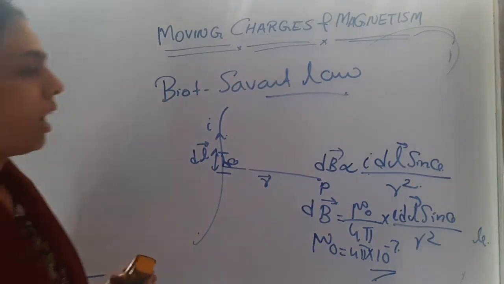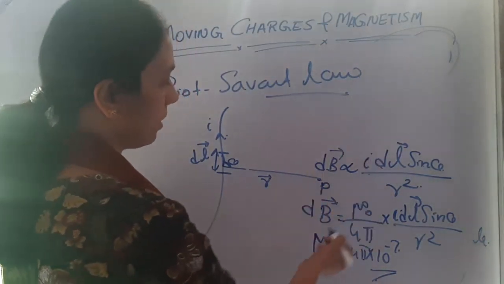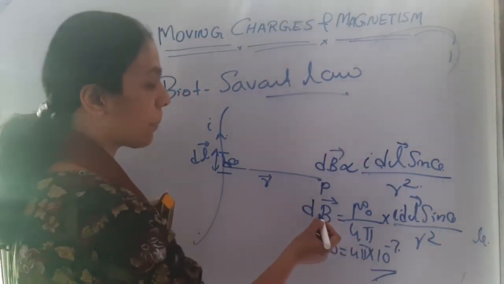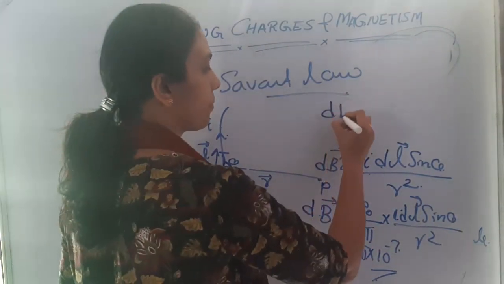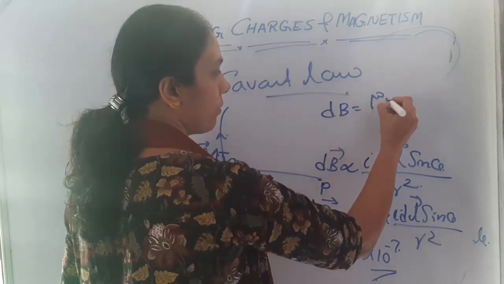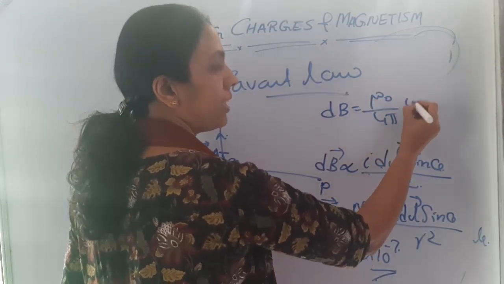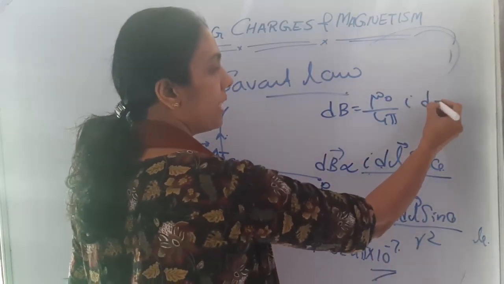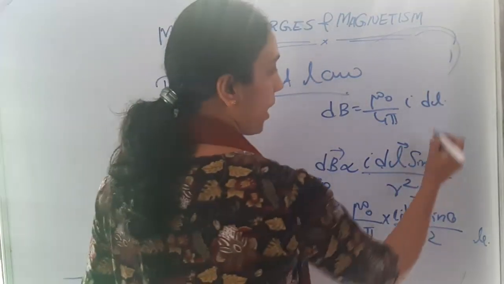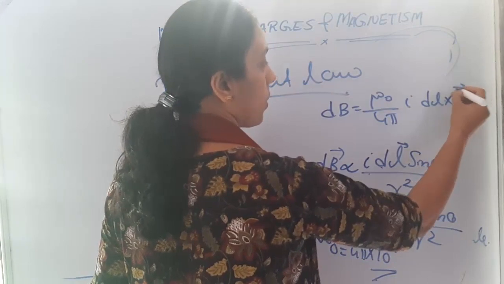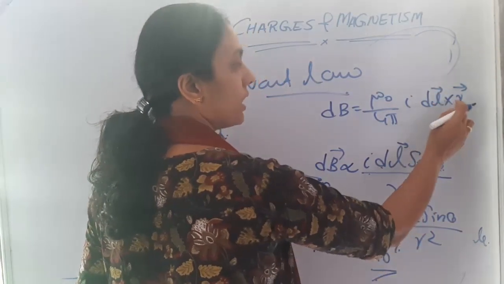Okay, then how can we represent this in vector form? dB equals mu 0 by 4 pi into I, which is not a vector quantity, but dl is a vector quantity and r is also a vector quantity. So I can write it as dl cross r. What is dl cross r?